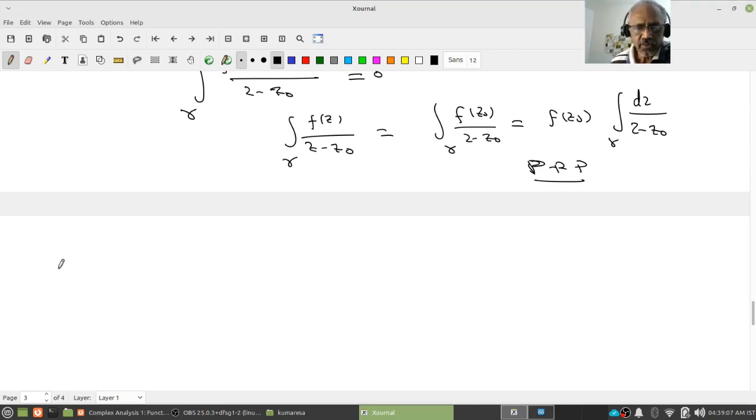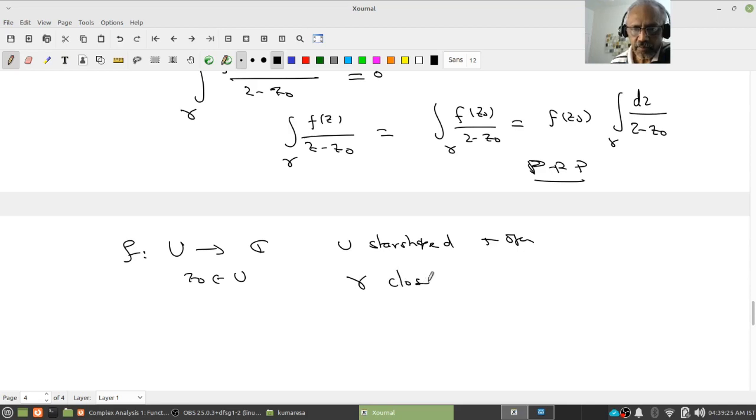So what do you think I have proved? So let's go back. I had a function f holomorphic and U is star shaped plus open and z naught is in U. So let gamma be a closed path in U, and z naught is not on the track.